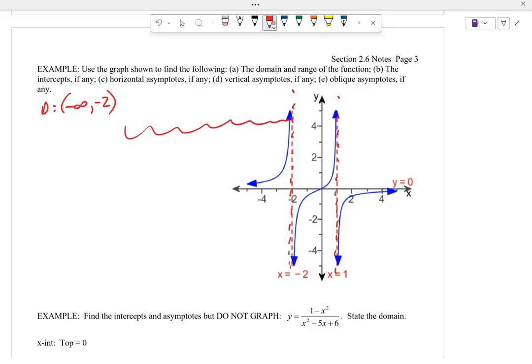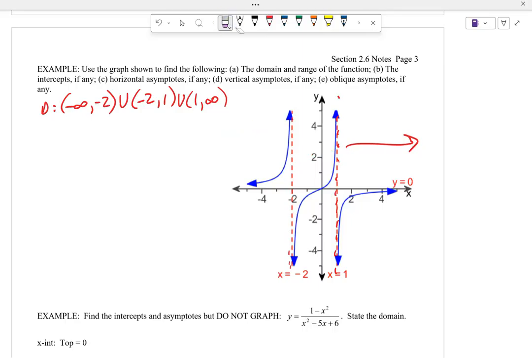And then if you notice, in between, I'm all defined in blue there, right? In between -2 and it looks like 1. But I have another break at an x value of 1. I have another vertical asymptote at an x value of 1. But then I take off again after 1. See how I take off again after 1? So there, that would be my domain on this one.